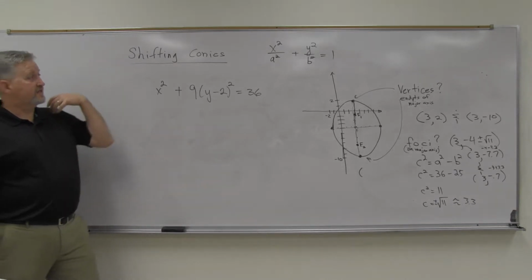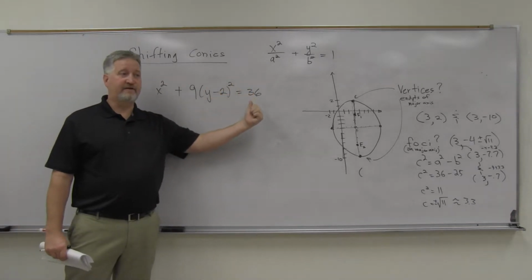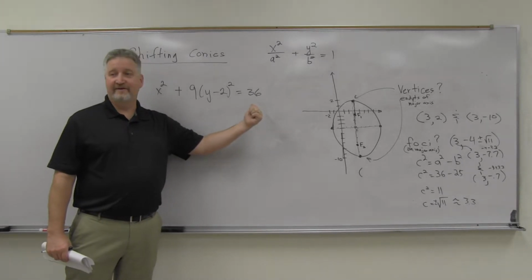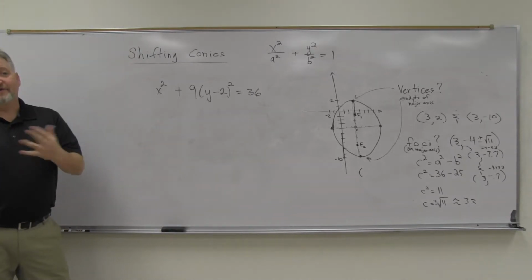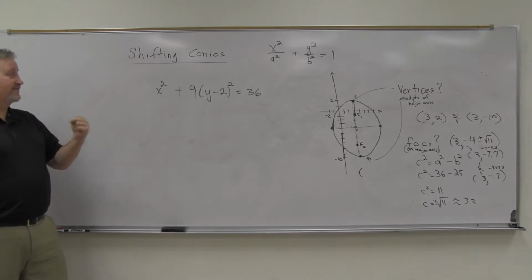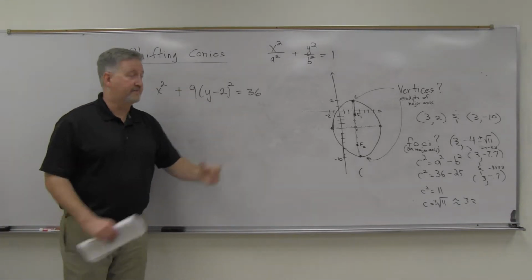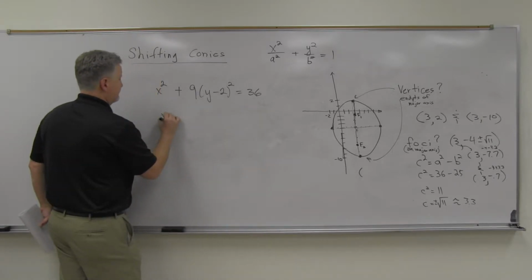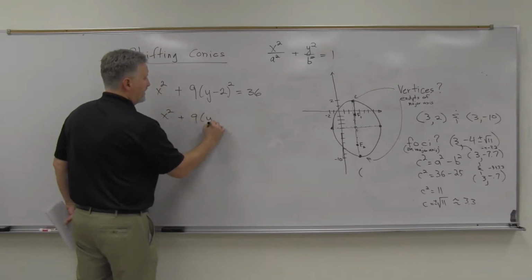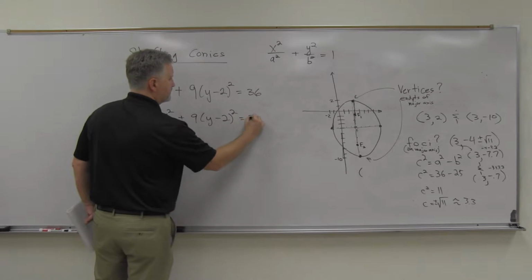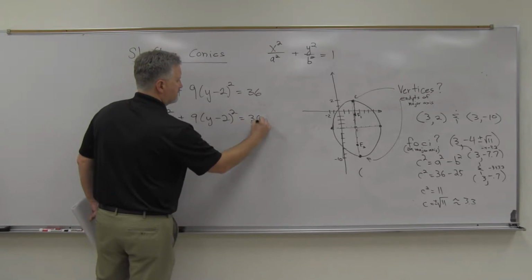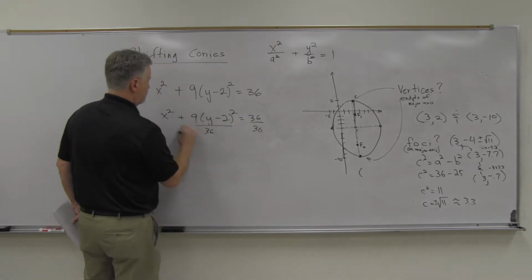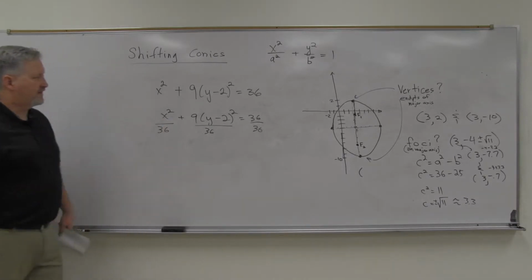Now, since it's an ellipse, I need one side to be what? 1, yeah. To figure this out nicely, I need one side to be 1 for an ellipse. So first step here, divide both sides by 36, which means basically I'm going to divide everything by 36.